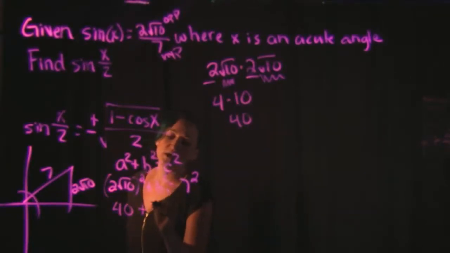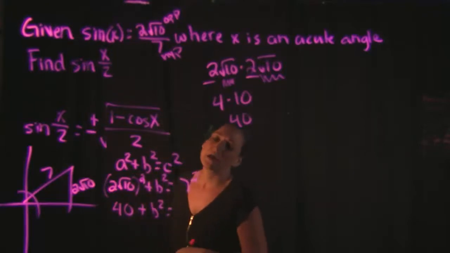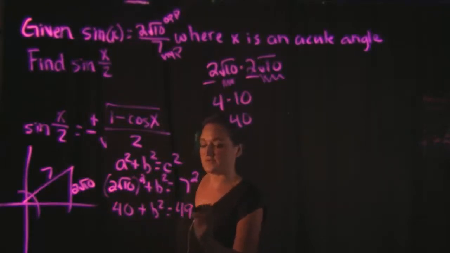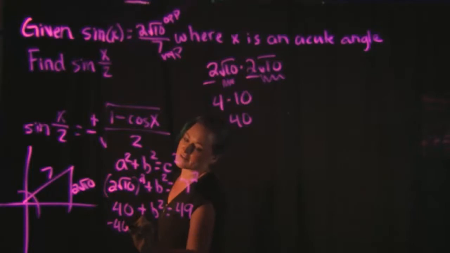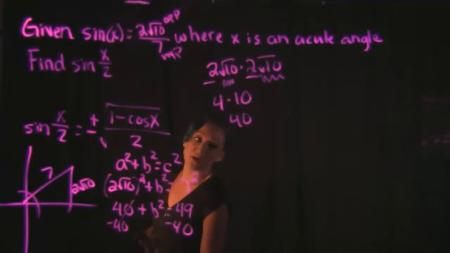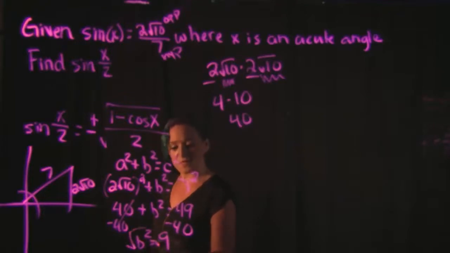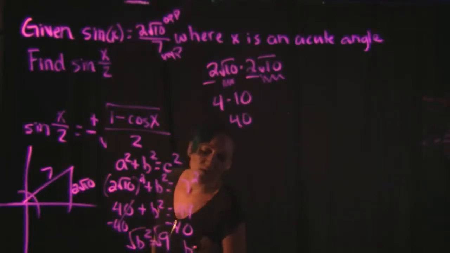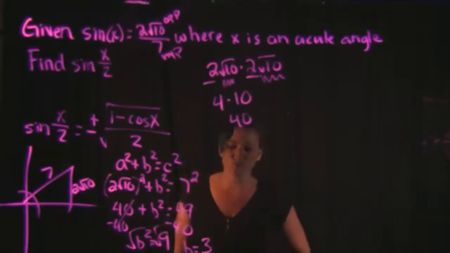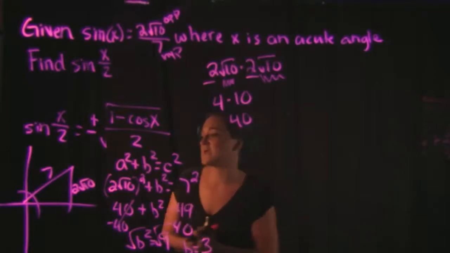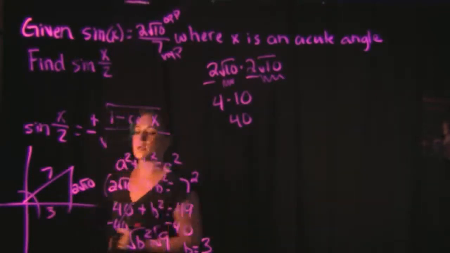So here we have 40, drop down to b squared, 7 squared, 7 times 7 is 49. Subtract that 40 from both sides, and we get that b squared is equal to 9. And if we take the square root of both sides, we get that b is equal to 3. That is the square root of 9. So we actually get a nice, pretty number for this one.